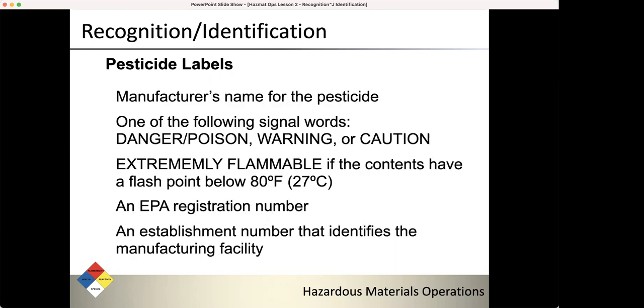So what's also on the pesticide label is the manufacturer's name for the pesticide. Again, it'll be one of the signal words. Here we have the list in highest to lowest: danger, poison, warning, or caution. If it has a flash point below 80, it's extremely flammable. You'll also find the EPA registration number, and also a number called the establishment number that identifies the manufacturing facility.